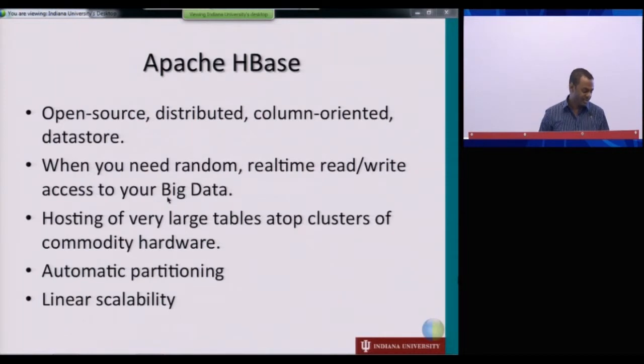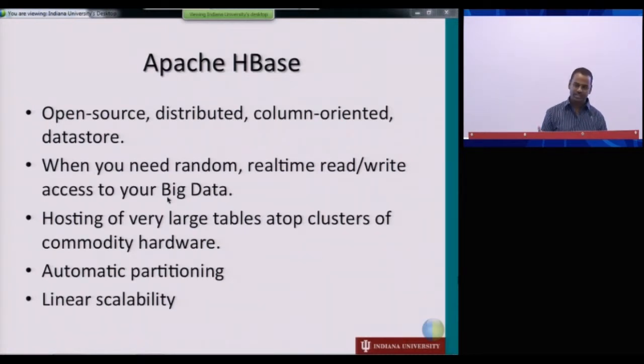Apache HBase is an open source distributed column-oriented data store, which supports storing as well as processing very large amounts of data using commodity hardware. HBase is distributed because it supports storing this data across nodes and processing the data on those nodes.